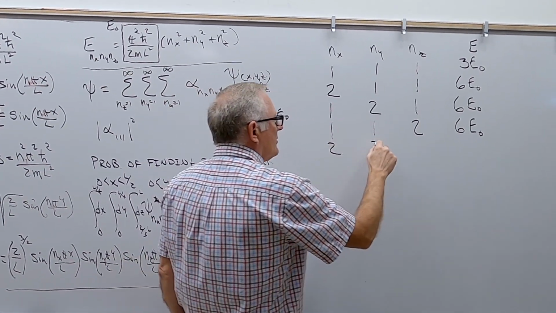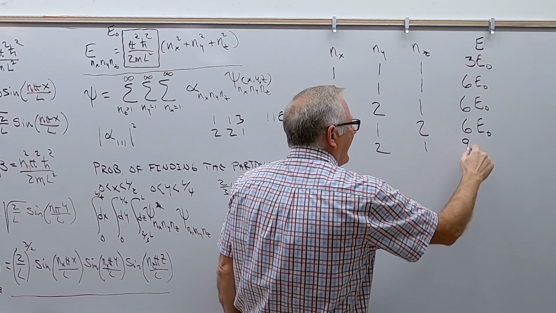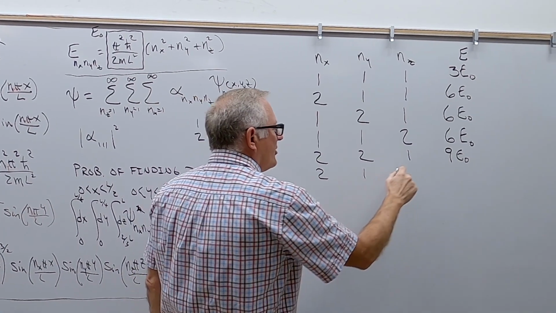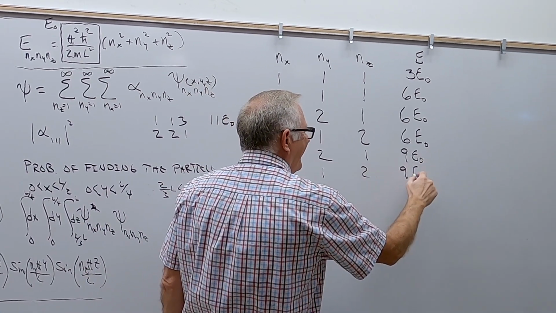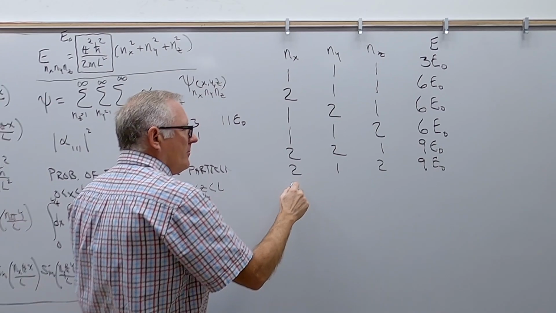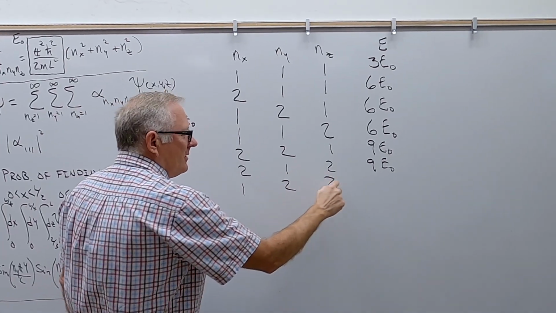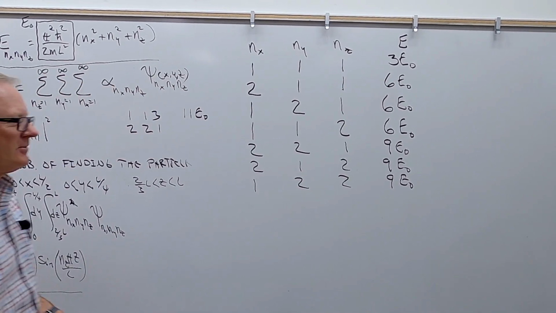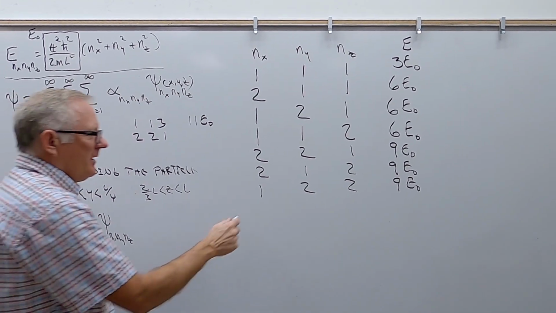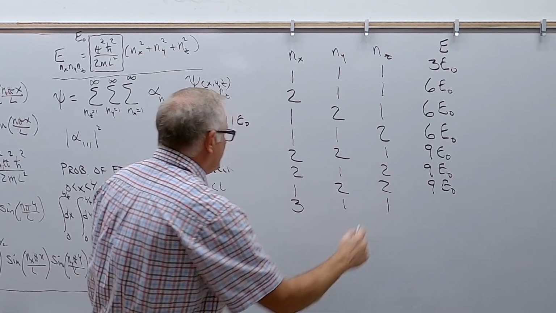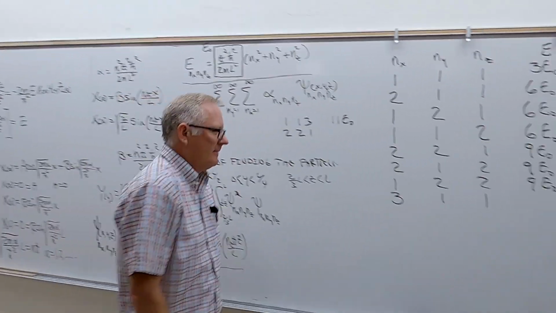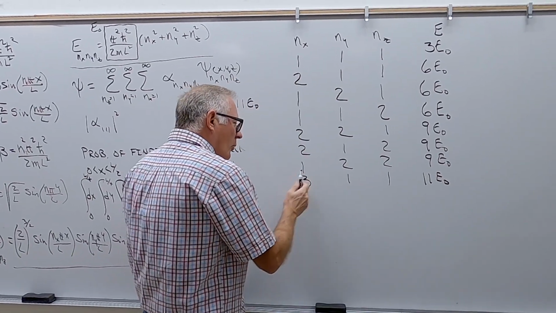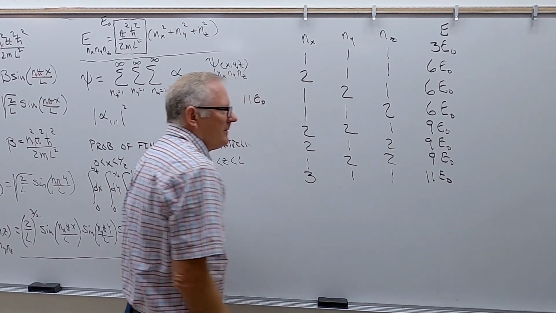So 2, 2, 1 would be 9 E naught. And then you could do, say, 2, 1, 2. That's another 9 E naught. Or I could put 1, 2, 2. It's 9 E naught. And on the next one, we could put 3, 1, 1. We said that was 11 E naught. And so on. Then there'd be 1, 3, 1 and 1, 1, 3.